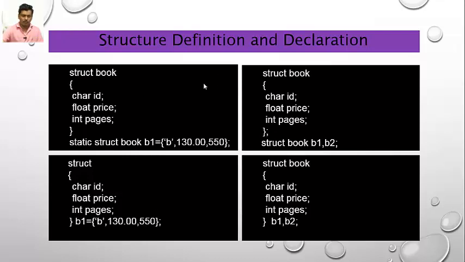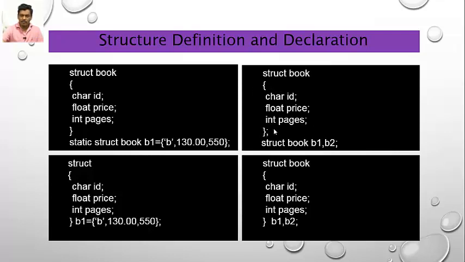So both are equal. At the time of declaration and initialization within the semicolon, that is before the semicolon, we have no need for the name of the structure. Just directly we declare and initialize it.